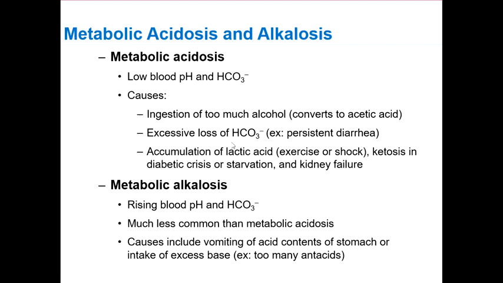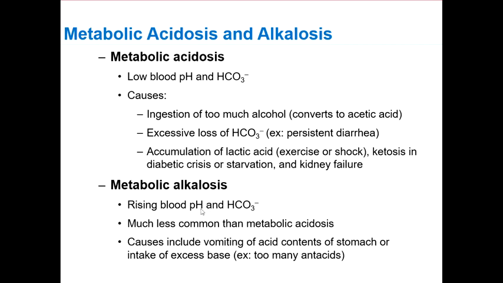Excessive loss of bicarbonate, perhaps persistent diarrhea eliminating it, or accumulation of too much lactic acid in the system, from exercise or shock, ketosis, diabetes, starvation. All of those, and kidney failure, are reasons why we can have an accumulation of acid.